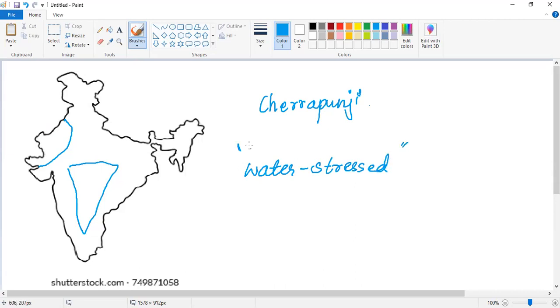Put this within double quotes, water stressed conditions. So we are facing a situation in which there is very severe water scarcity or water stress in these areas. Then take down the next point.